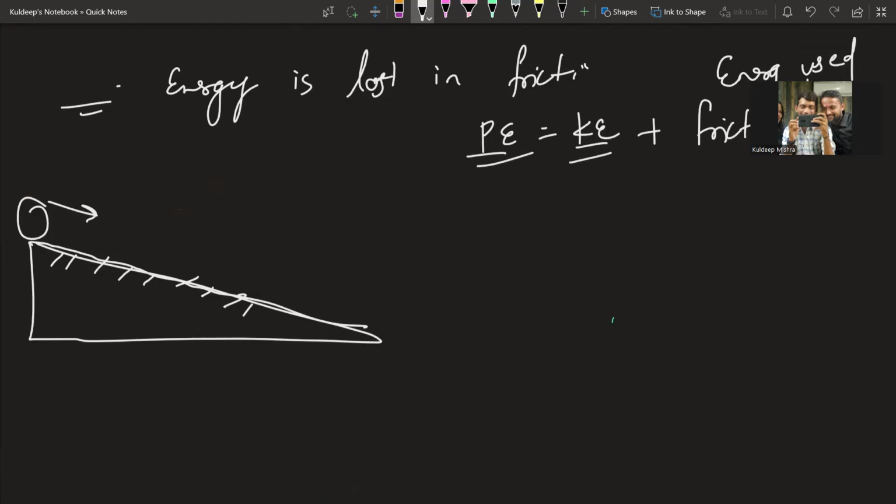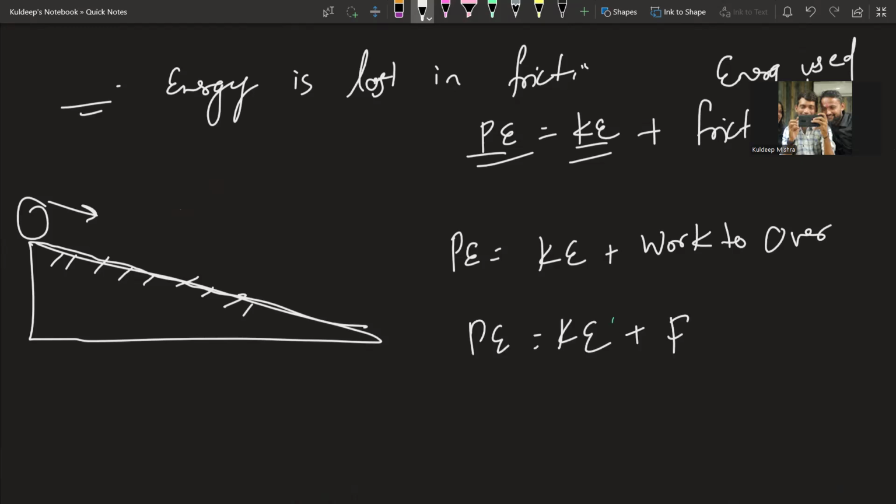You can't equate apples and potatoes. So potential energy is kinetic energy plus energy you use to overcome friction. So you can do potential energy is equal to kinetic energy plus work done to overcome friction. Work done and energy is same. So potential energy is equal to kinetic energy plus frictional force, which they would have given in the question, into the distance.